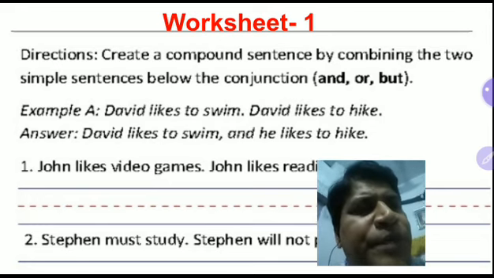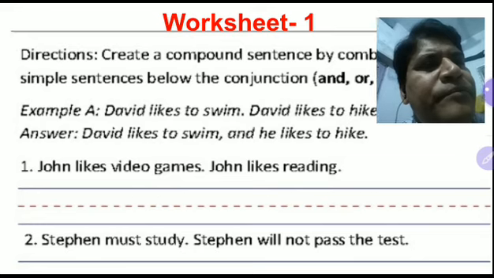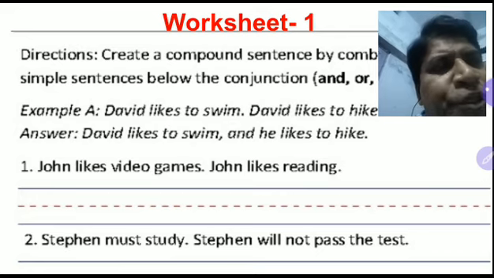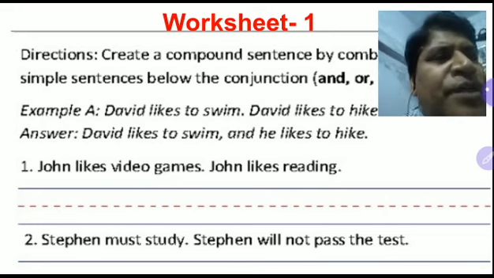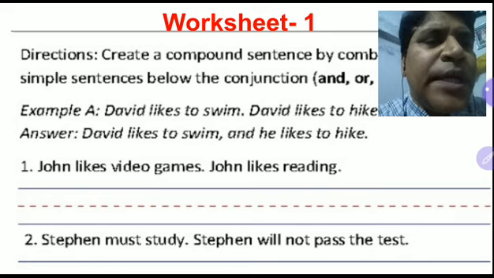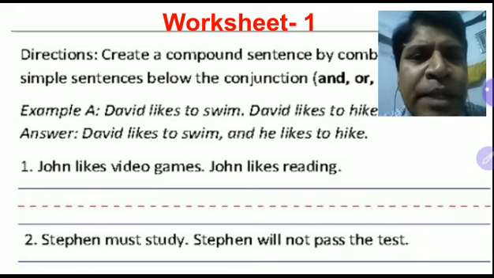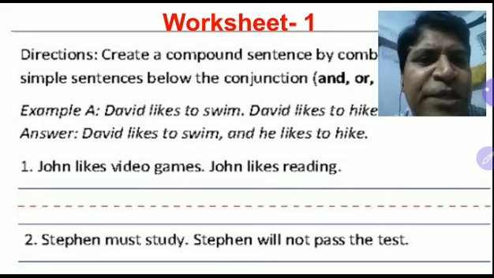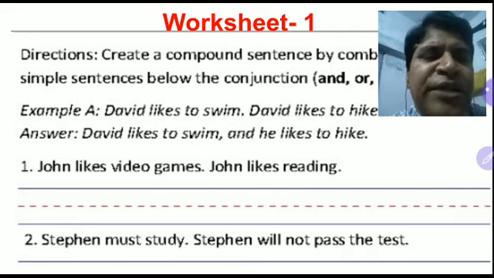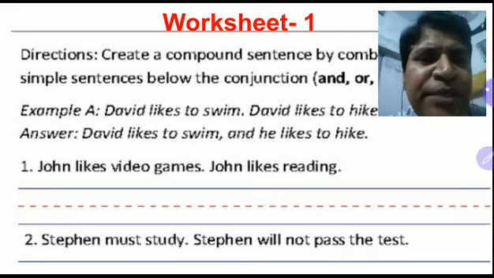Now look at number 1. John likes video games. John likes reading. Now you have to combine using any of these three conjunctions, and, or, but. The subject is almost the same, but the sentences are different, of equal importance.